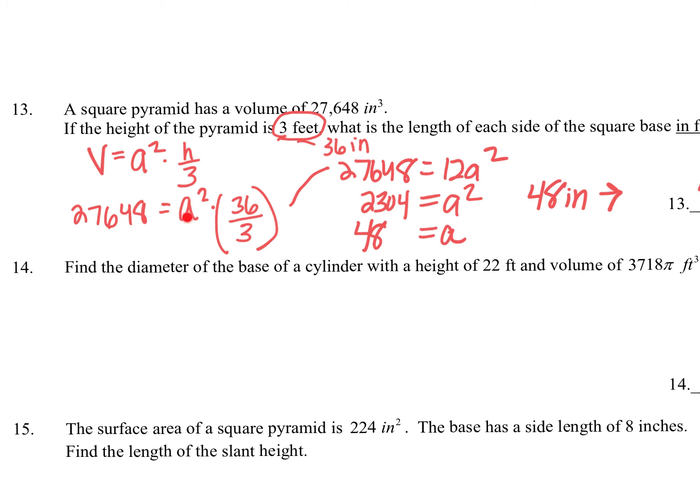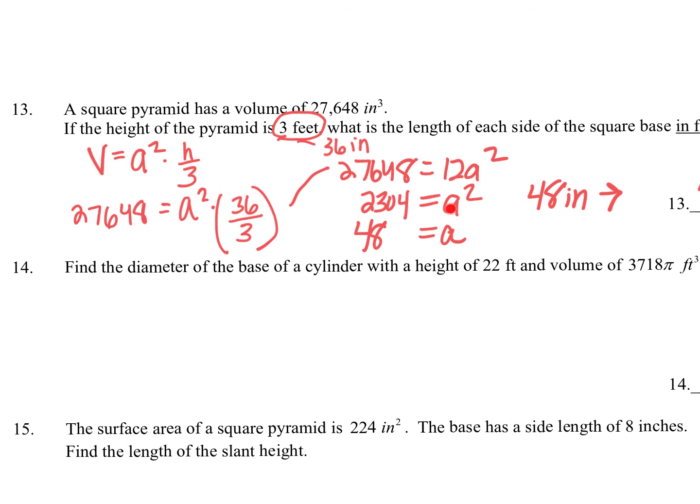We are looking for the length of that side, so A is going to stay in there, A squared. And then we have to take this 3 feet and multiply it by 12 and convert it into 36 inches since we had inches up here. And so when we take the height divided by 3, that will give us a 12.